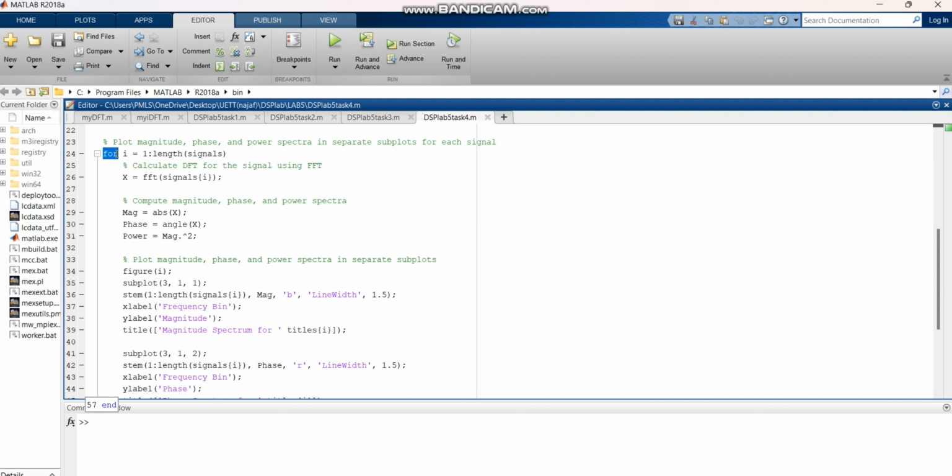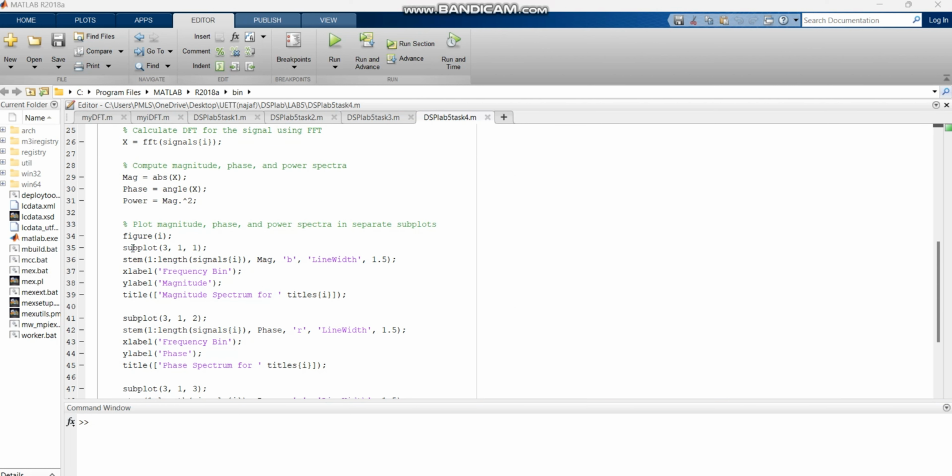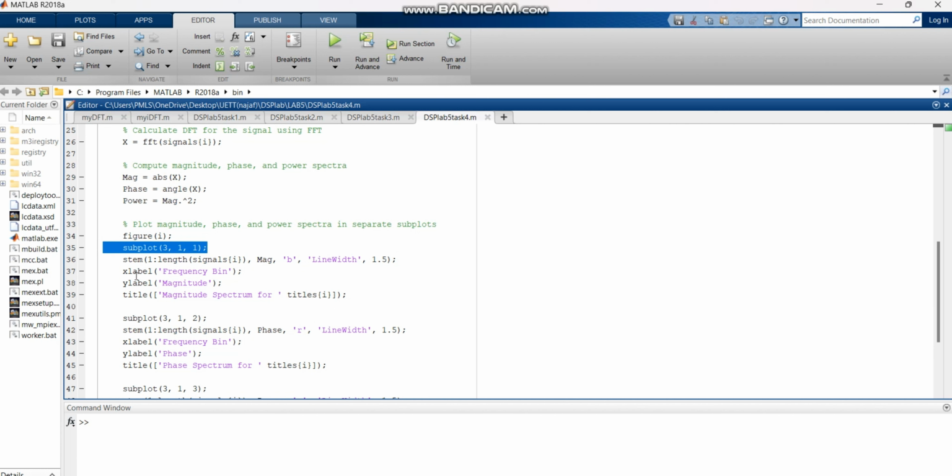This for loop iterates over each signal, calculates its fast Fourier transform, and plots its magnitude, phase, and power spectra in separate subplots. For each subplot, the x-axis represents the frequency bins, and the y-axis represents the magnitude, phase, or power. The stem function is used to plot the spectrum, and different colors are used for each spectrum plot.